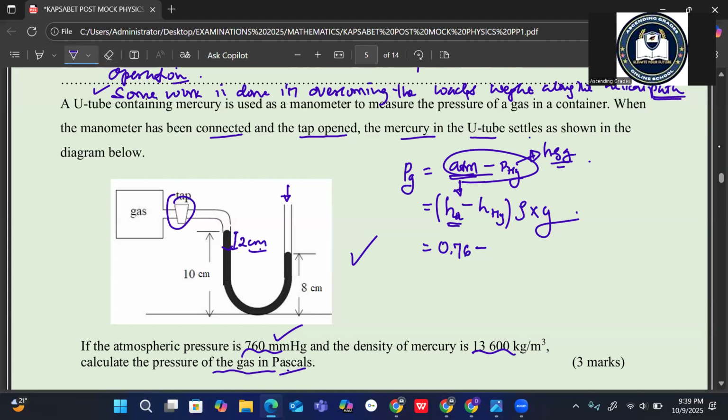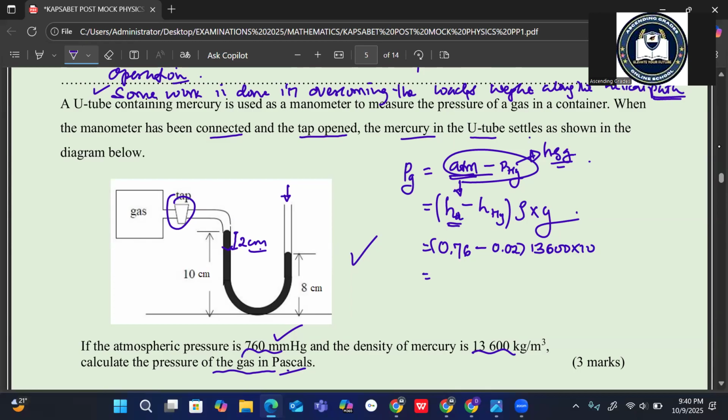So 2 centimeters here will be equivalent to 0.02 meters. Then we multiply by 13,600 times 10.